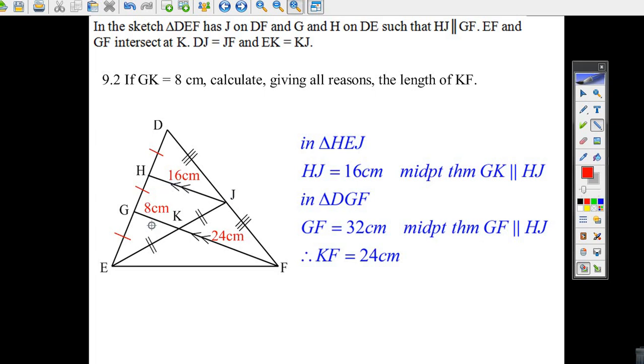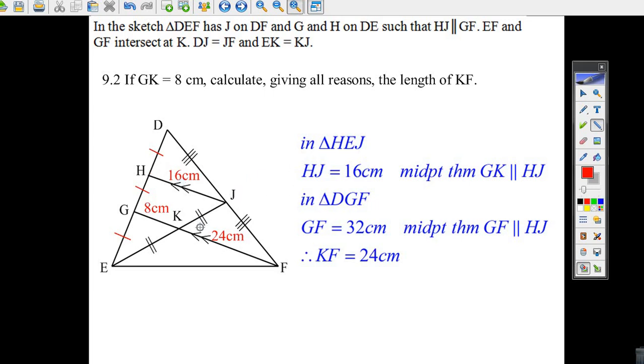This one's always twice as big as this one if it goes to a midpoint. So the first part of getting this question right is that JH is equal to 16 centimeters. And that's the midpoint theorem because of the parallel lines going across, JK being parallel to HG. Okay, so we've got that 16.